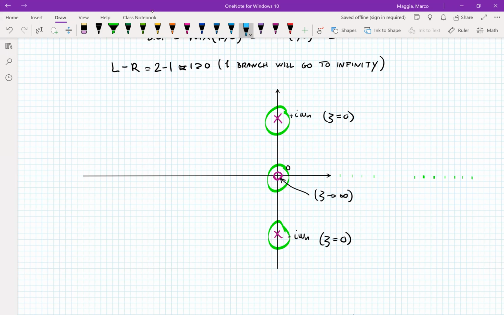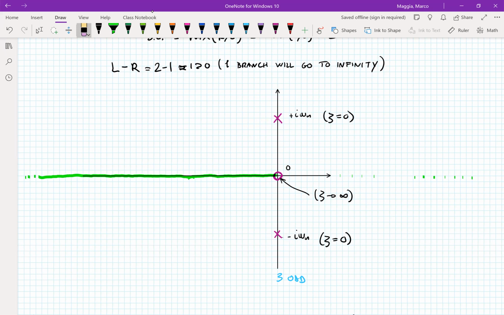So 3 is an odd number, so whatever is to the left of it belongs to the root locus. And then you see that we don't have any more open loop zeros or poles, so this branch will just continue going to infinity.